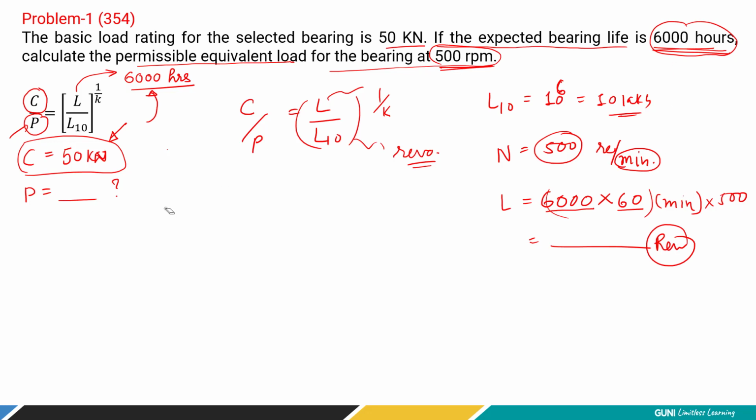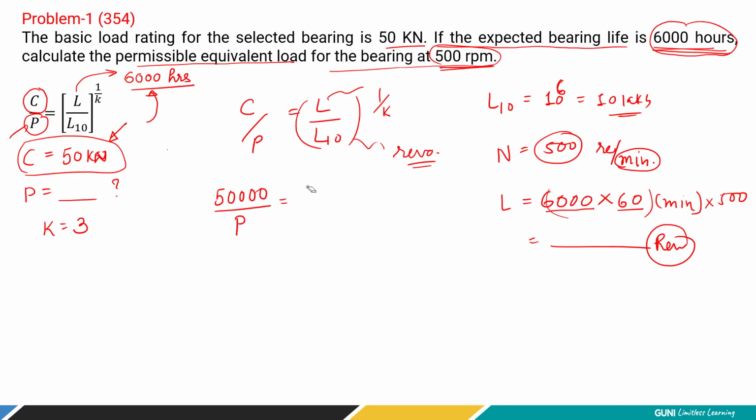So let's use the equation. So here C by P is equal to L by L10, whole to the power 1 by K. Here it is a roller bearing, so K will be 3. Okay. So let's say C is how much it is? 50 kilonewton. So 50,000. Let's convert into Newton. We have to find out the equivalent load.